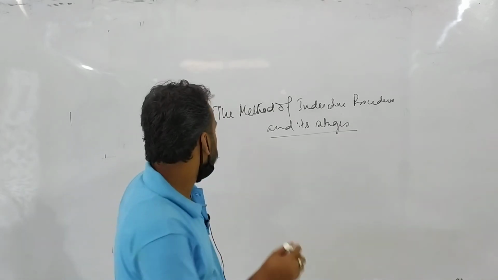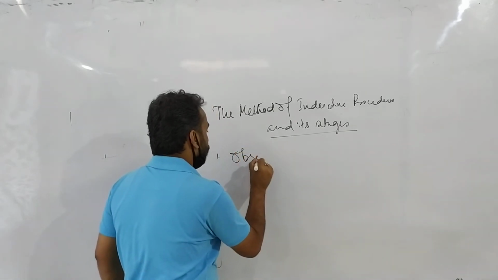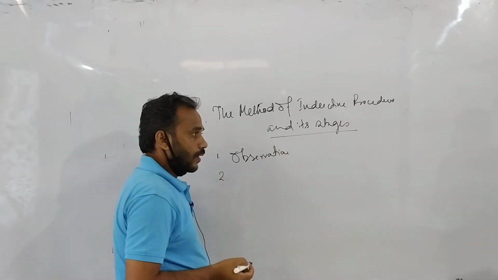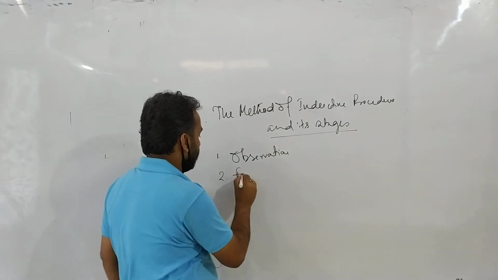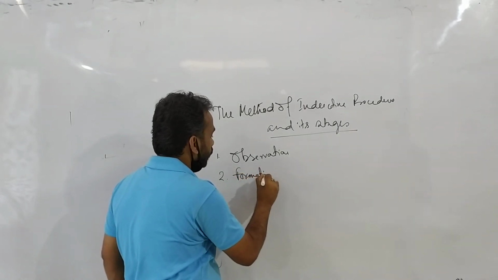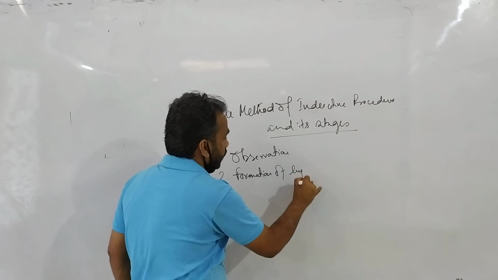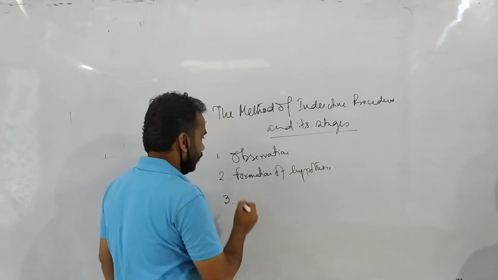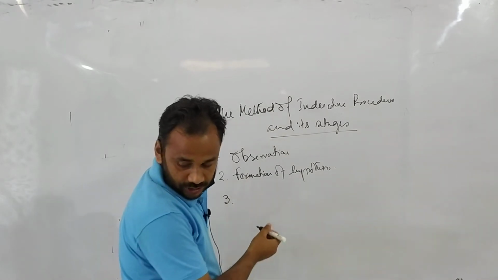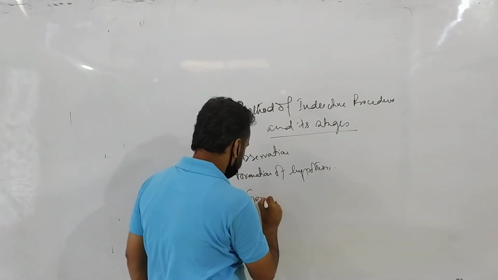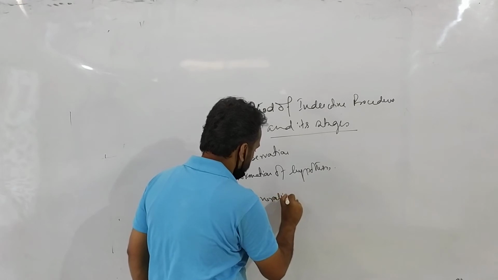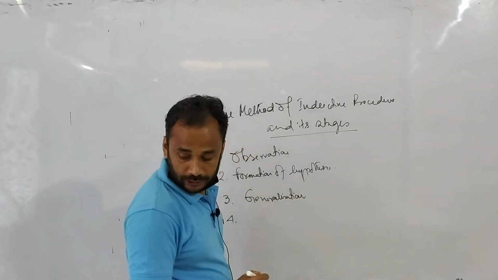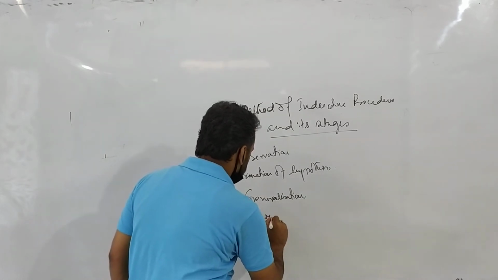So first, observation. Then formation of hypothesis, then number third, that is generalization, and number four, that is verification.